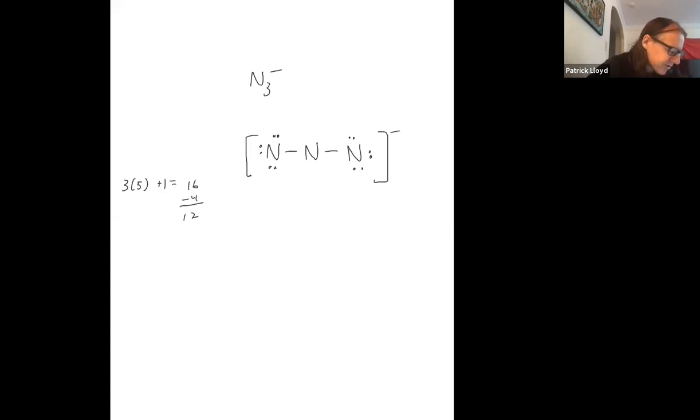Well, that's interesting. This nitrogen atom doesn't seem to have enough electrons, right? It doesn't have the octet. So what I'm going to do is push a pair over. I'm sorry about the noises. This is going to give me a double bond here.